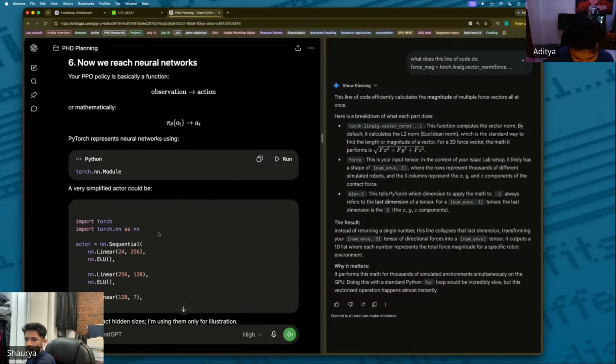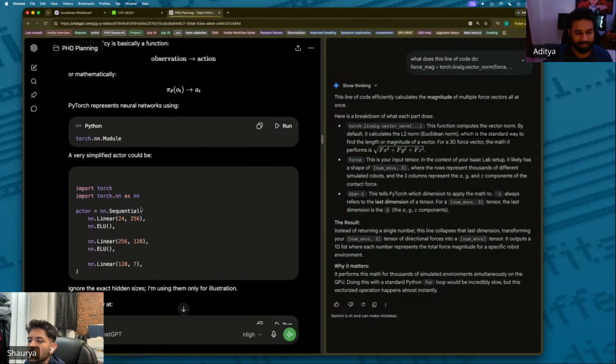A very simplified actor could be: import torch.nn as nn, actor is equal to nn.Sequential, nn.Linear, nn.ELU. Okay.